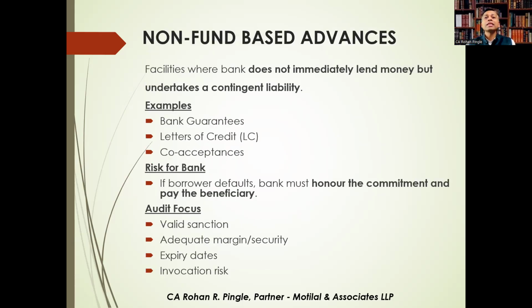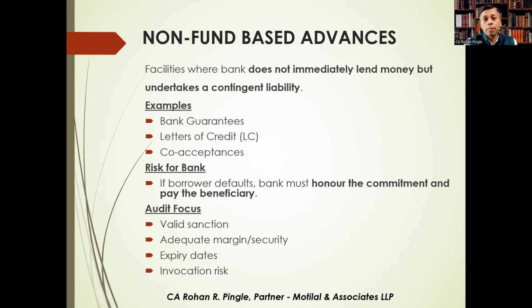Now, moving further, let's understand non-fund based advances. These are facilities where the bank doesn't immediately lend money but undertakes a contingent liability. Example, bank guarantee, letters of credit, co-acceptances like that.